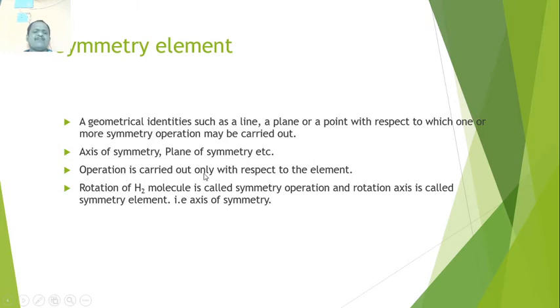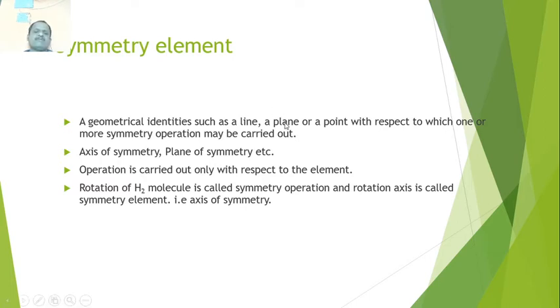An operation is carried out only with respect to the element. That means you have to perform an operation, but you have to carry it out with the help of a particular thing. One is a line. If you perform an operation with the help of a line, then the symmetry element is called an axis of symmetry. If you perform an operation with the help of a point, then it is called an inversion center.